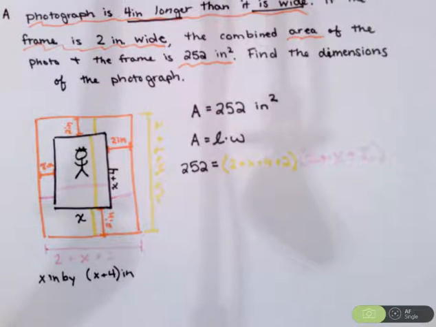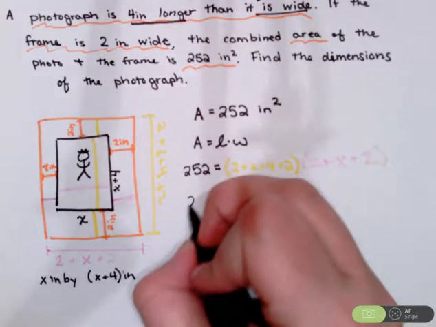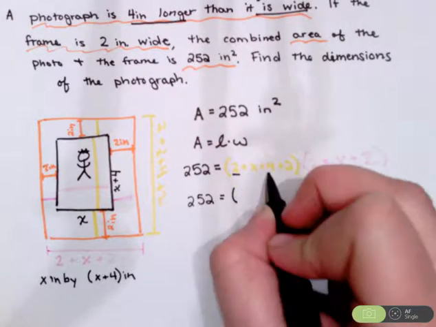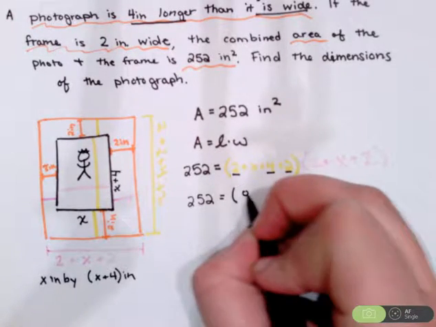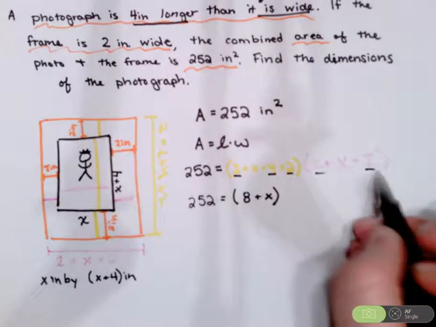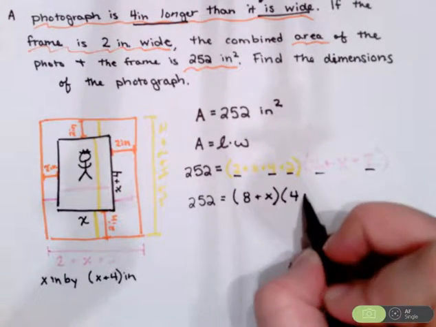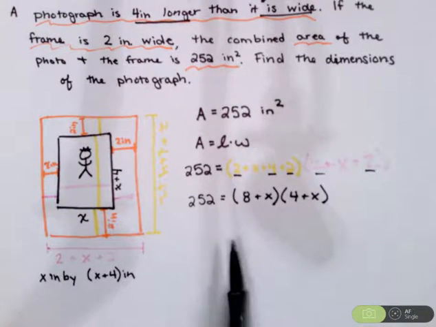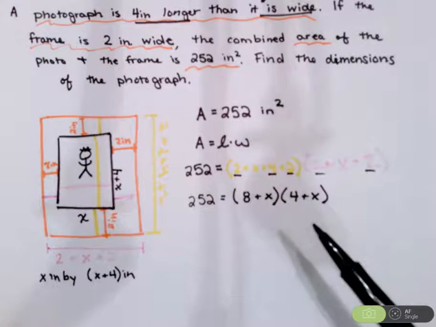Then I can go about simplifying this. I get 252 equals 2 plus 4 plus 2, which is 8 plus x, times 2 plus 2, which is 4, plus x. If this was equal to 0, I'd already have my answers, 8 and 4, but it's not equal to 0.